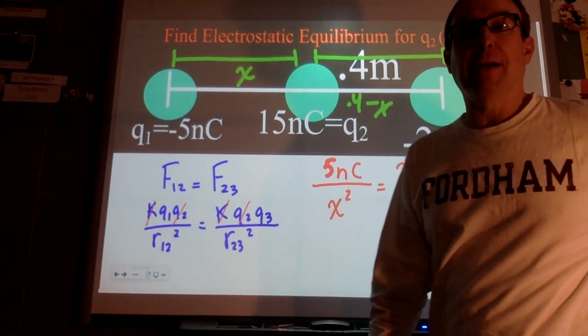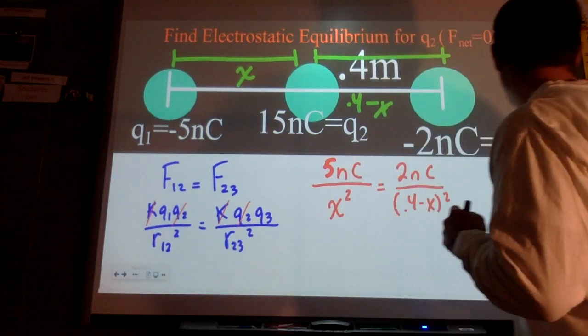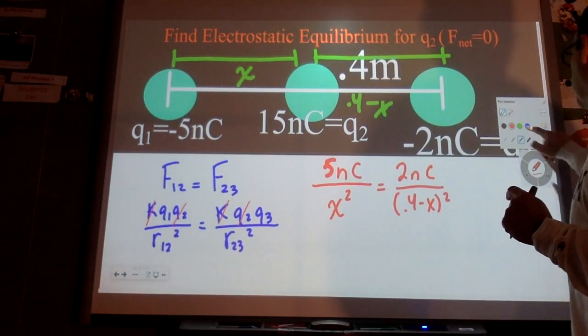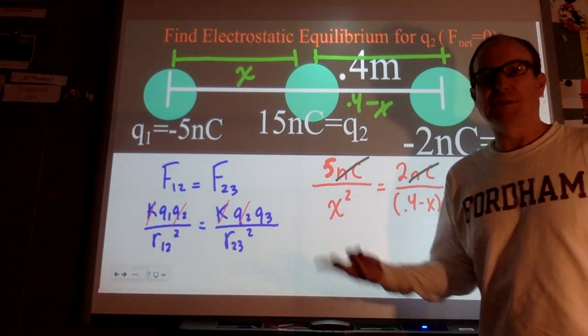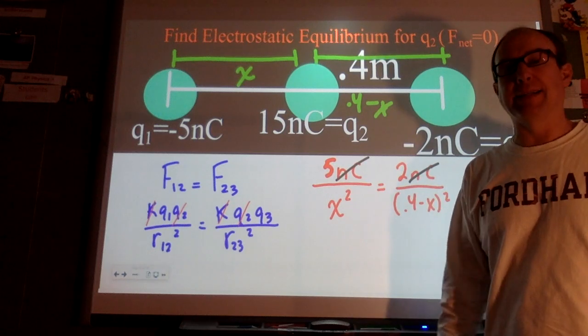Now, what I'm going to do to make my life easier is two things. One, I'm going to get rid of this nanocoulomb, which is times 10 to the negative 9, because they both have it. So multiply both sides by 10 to the 9th.